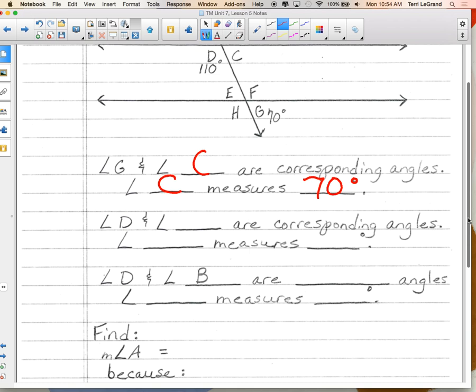H. H, yeah. Angle D and angle H are corresponding angles. Well, if we know what angle D measures, then we should be able to right now say that angle H measures what? 110 degrees, because they measure the same. They are equal.